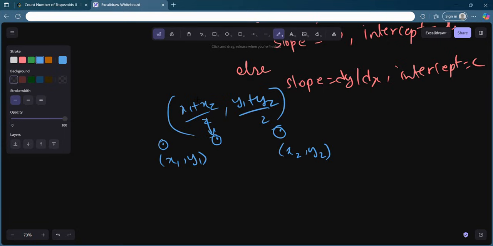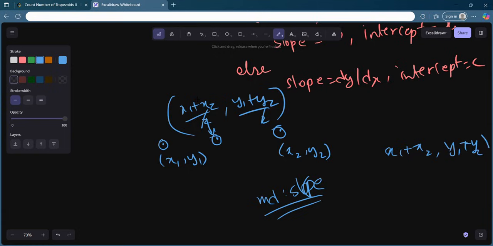Okay, so you see these are the scalar parts. No matter what x1 y1 or x2 y2 or x3 y3 is present, the midpoint will always be scaled by 2, so you can remove the 2. When we are hashing the values, since you are doing a hash map of midpoint to slope, for that hash value you can just remove the 2 and have something like x1 plus x2 comma y1 plus y2.